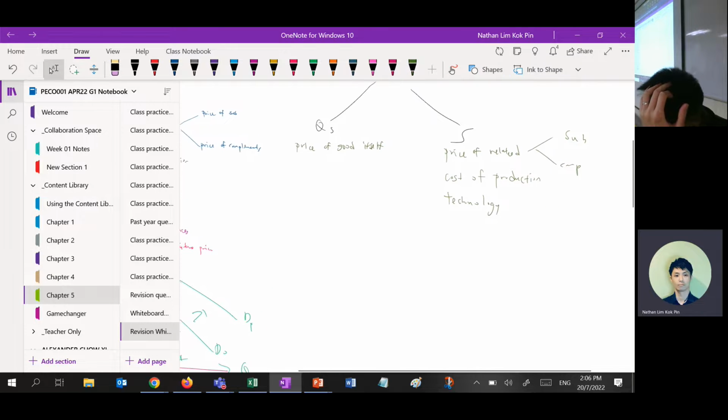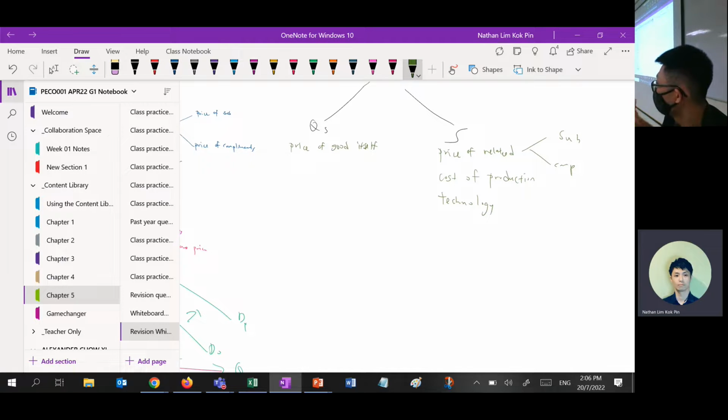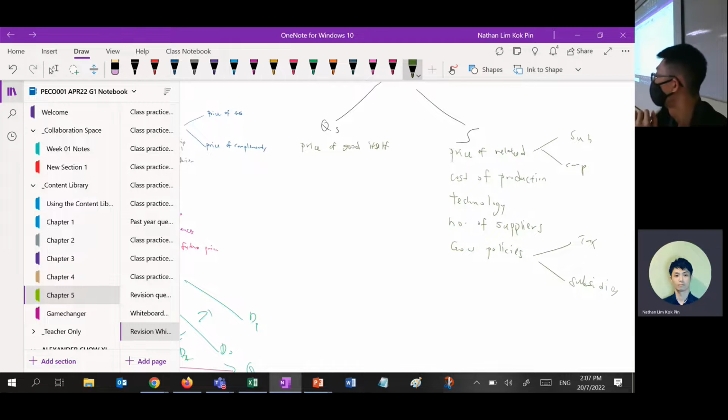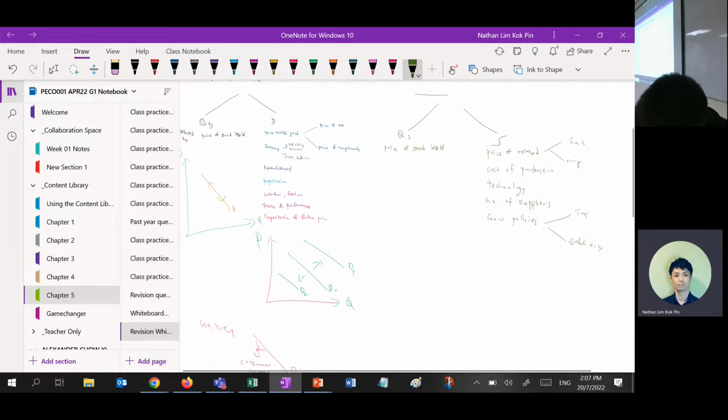They have population. You can infer, if you already know population, the opposite will be number of suppliers, right? Number of suppliers. They have government policies. Government policies can be both tax and subsidies, right? And they also have expectation.